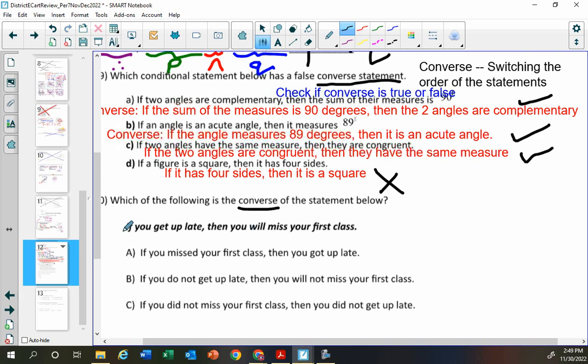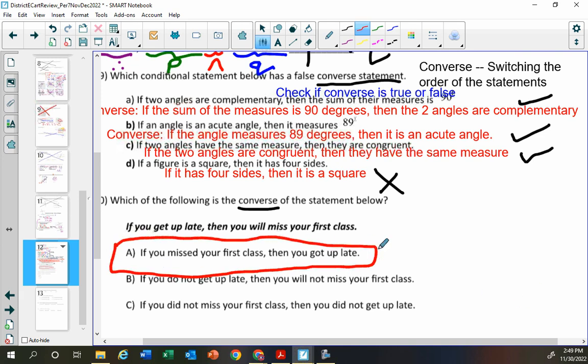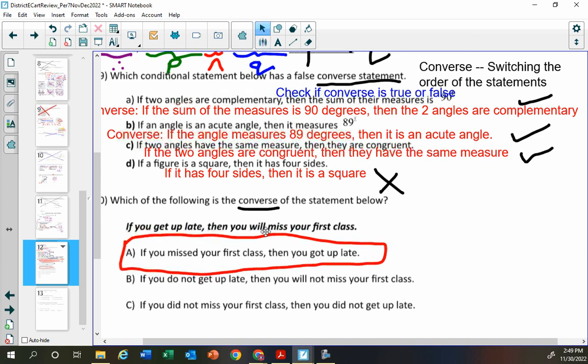If you miss your first class, you got up late. Remember, for the converse, you just switch the order of the statements.